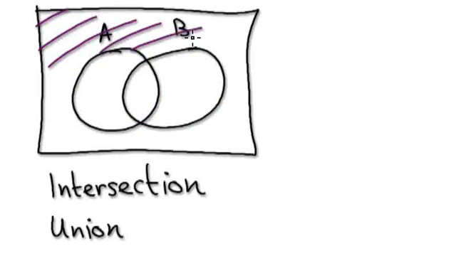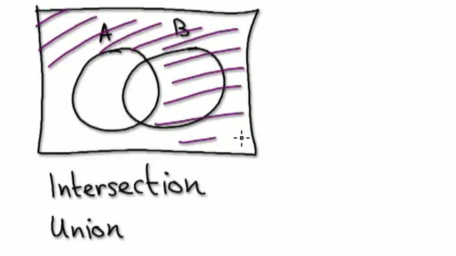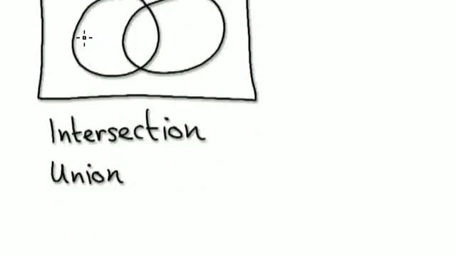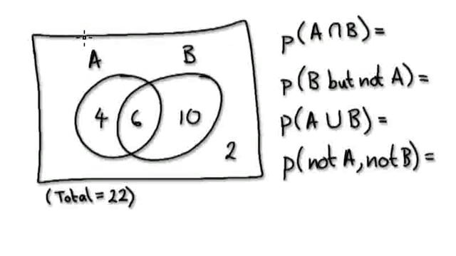So not A means all these here, all the bits that are not A. Not B is the same thing, any bits that are not B. And if you want not A and not B, there's only this bit out here. Anyway, let's get some practice.